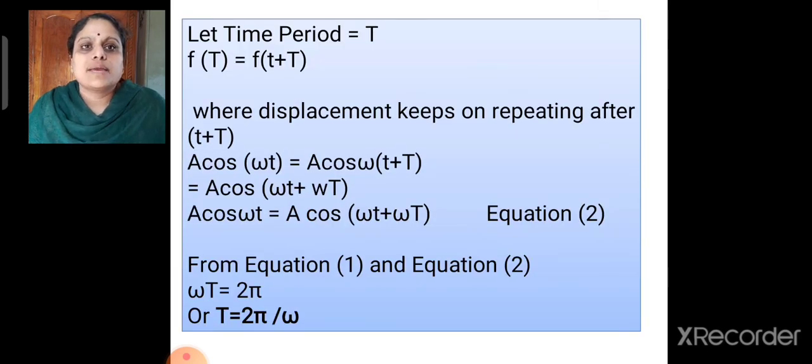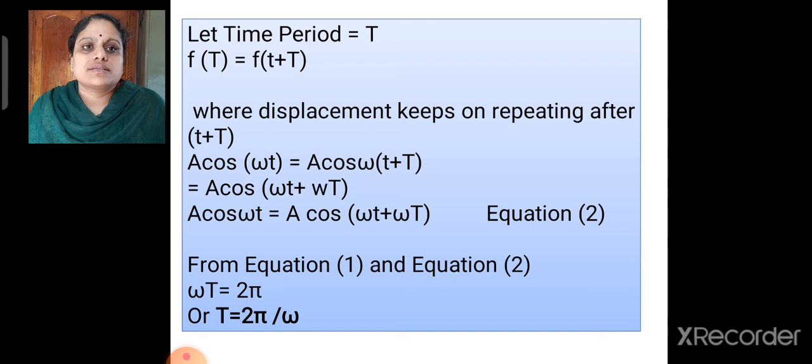Now let us take the time period to be capital T. Then the function at time small t will be equivalent to the function at a later time small t plus time period capital T. Here the displacement keeps on repeating after the time interval small t plus capital T. So this periodic function is written as a cos omega t equals a cos omega (t + T).